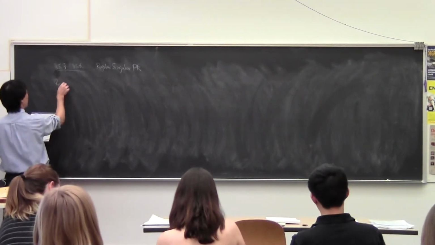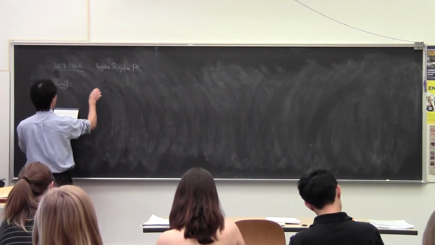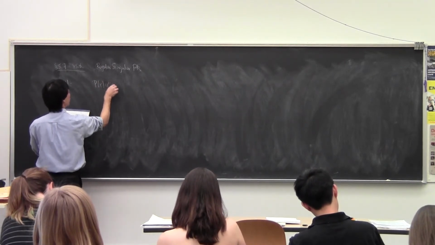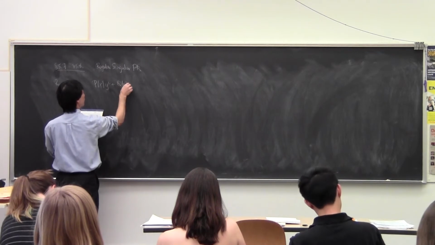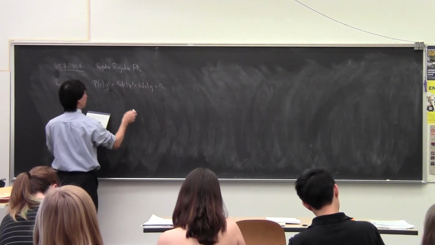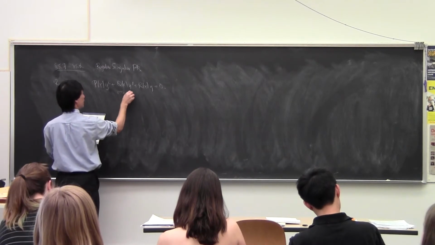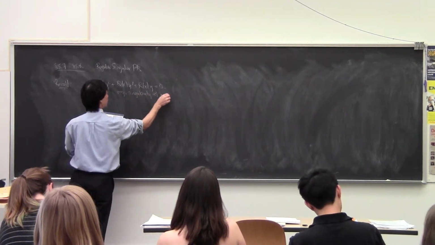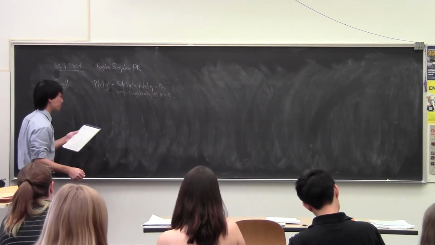So let's recall what happens. We have an equation of this form: p y double prime plus q y prime plus r y equals 0, and it has, say, a regular singularity at x equals 0.